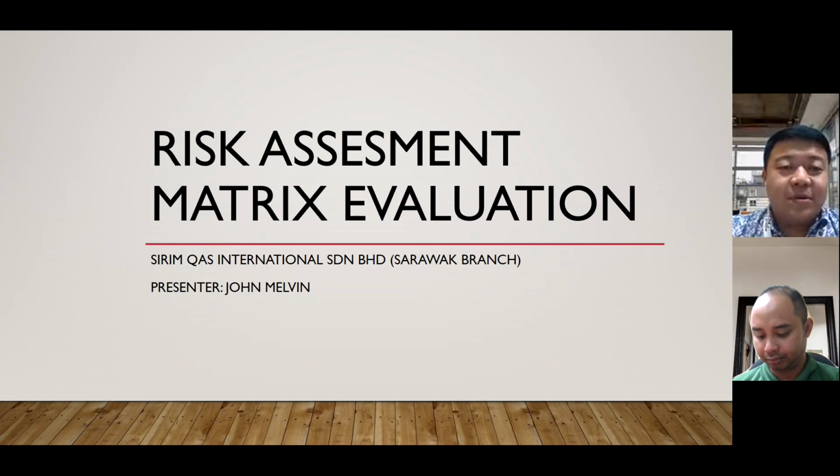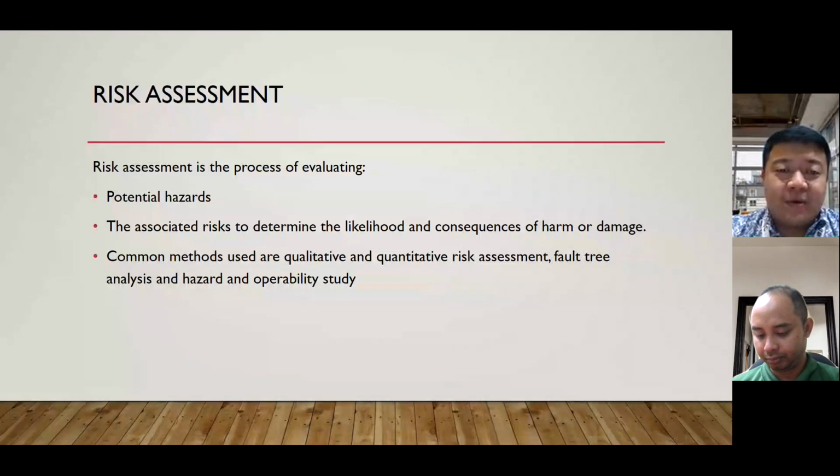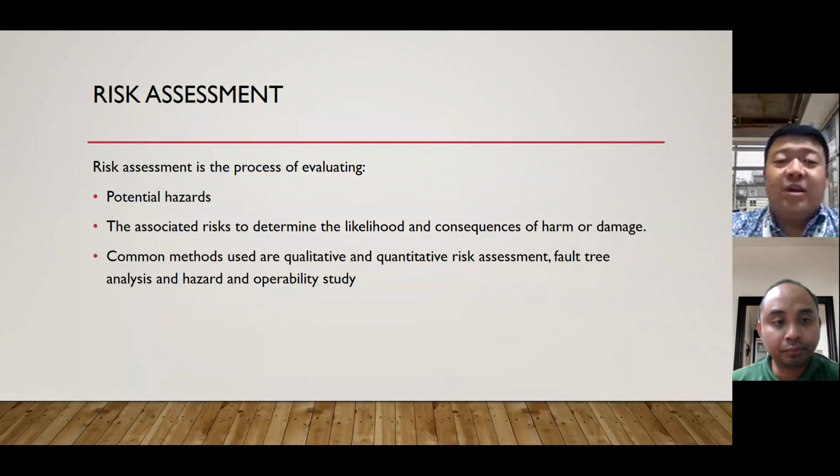Risk assessment is the process of evaluating the potential hazards and the risks associated with it, and to determine the likelihood and consequence of harm or damage that it may cause. Common methods that are usually used are qualitative and quantitative risk assessment, fault tree analysis, and hazard and opportunity study.